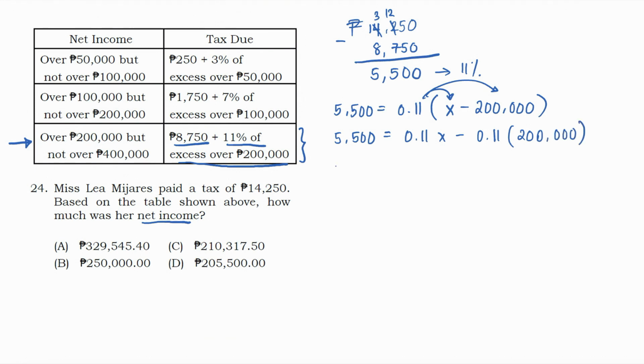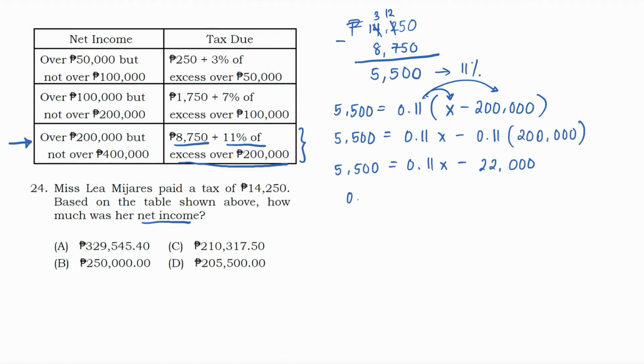So, yung X dyan is yung net income, yung hinahanap natin. So, 5,500 is equal to 0.11x minus, kayo na lang bahala mag-multiply nito, 0.11 times 200,000. Makukuha nyo dyan is 22,000. Tapos, solve nyo na using algebra.